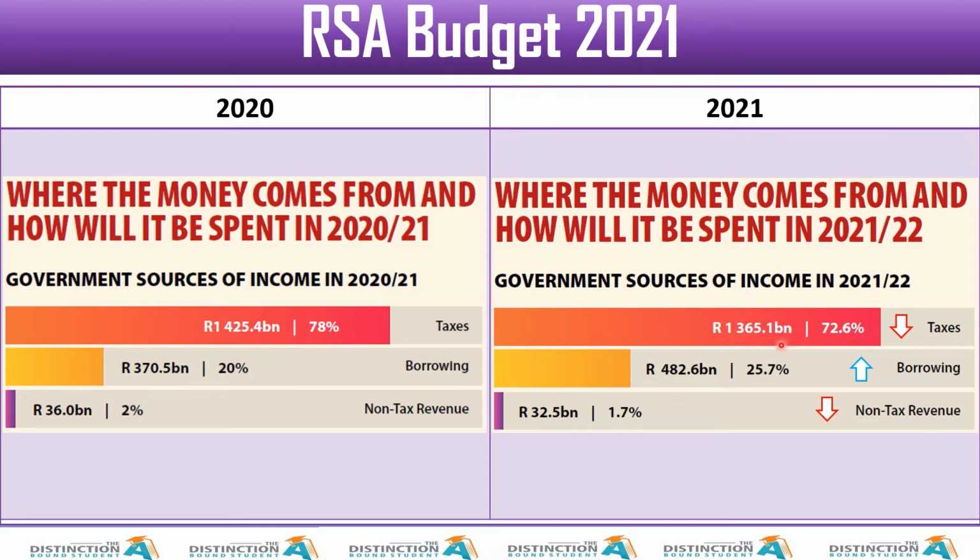1.3 billion. No, it can't be 1.3 billion. Okay, it's 1365, then there's billion. That means so many zeros. So this is 1.3 trillion. Actually, it's 1.4 trillion, because if I'm reading it like this, 6 is greater than 5, so it will make this one a 4.